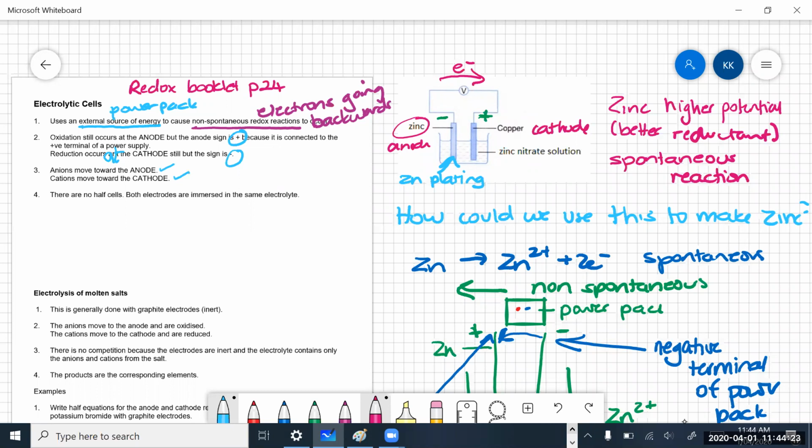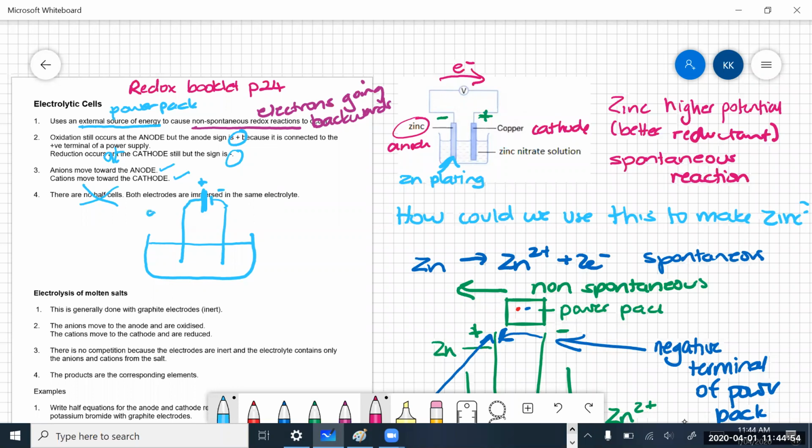We don't have half cells, so no half cells. You always have both electrodes immersed in the same electrolyte. So we can draw this as both electrodes in the same electrolyte. Do you know your battery notation? The bigger one is the positive, and the little one is the negative.